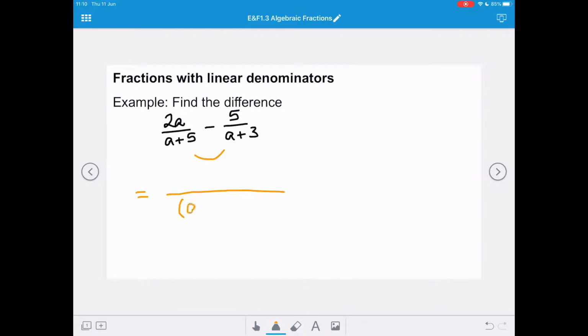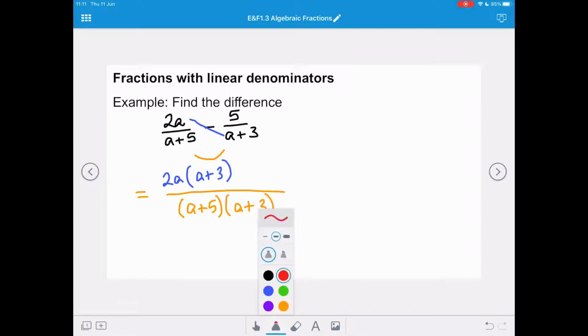So our common denominator is a plus 5 upon a plus 3. We want to convert our first fraction, so we're going to do 2a multiplied by a plus 3. And we're going to convert our second fraction, and we're going to have negative 5 multiplied by a plus 5.